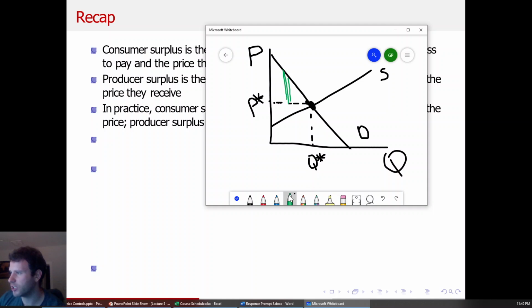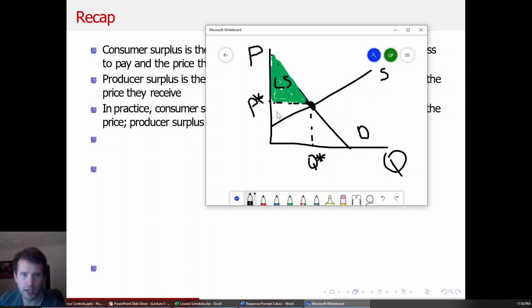And then eventually, if I took them all and I had it big enough, it's going to be this triangle in here between the equilibrium price and the demand curve. And that is my consumer surplus.